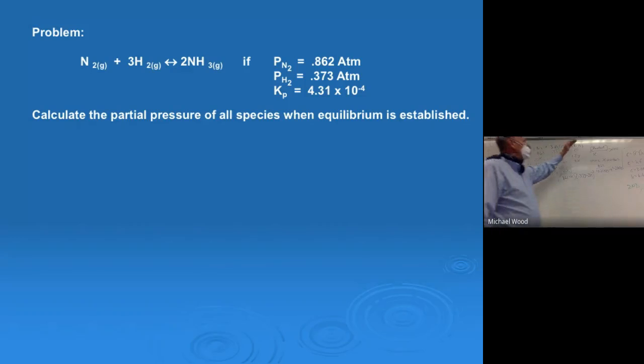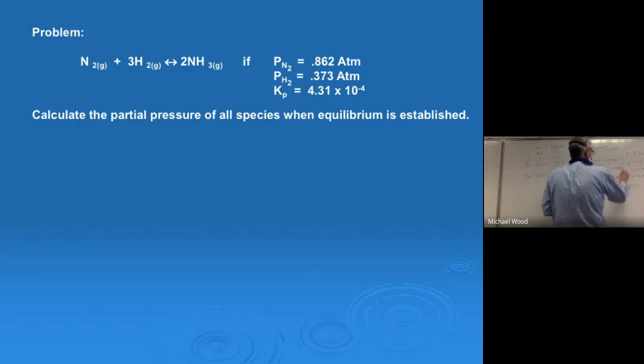So you take the concentration of the reactant over the K value. Certainly you could ask a really good question: how about the other reactant? Okay, well, let's do it. So I do 0.373 divided by 4.31 times 10 to the negative 4, which is 865.